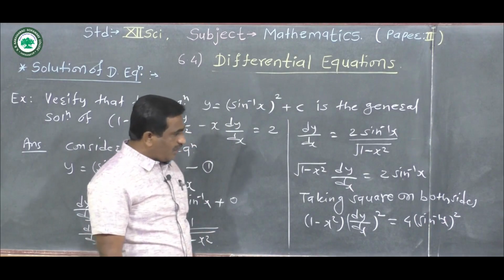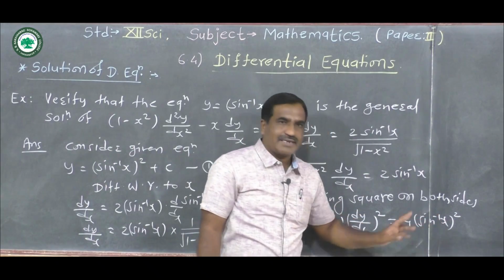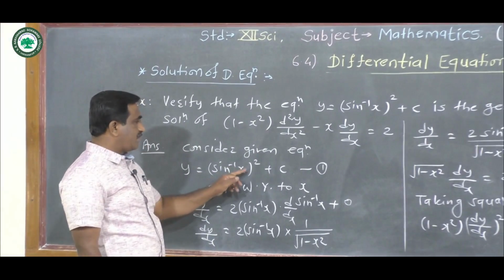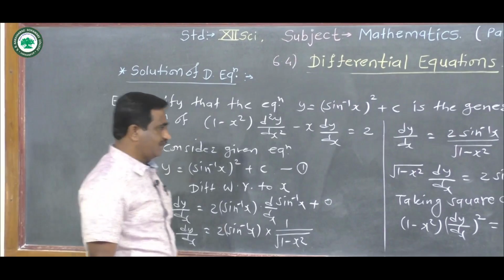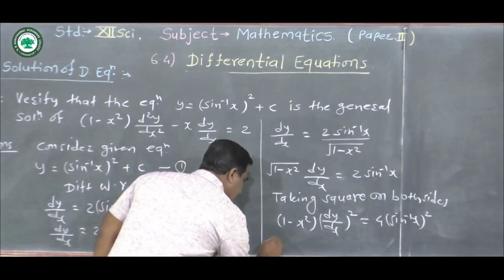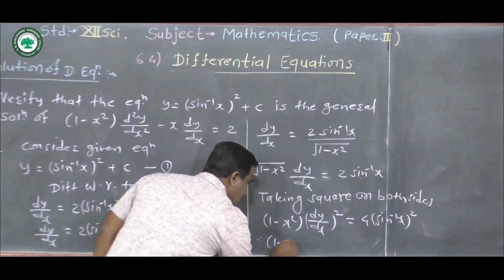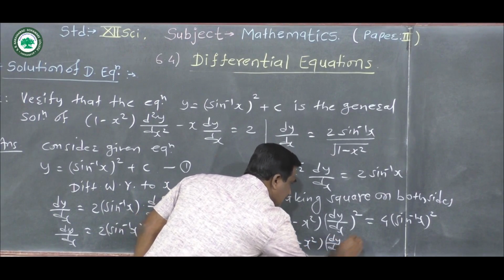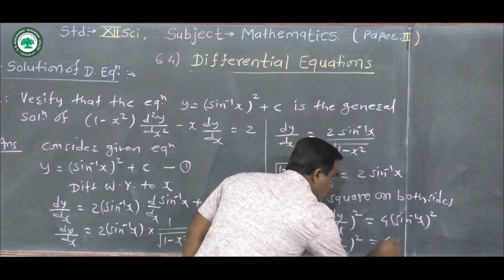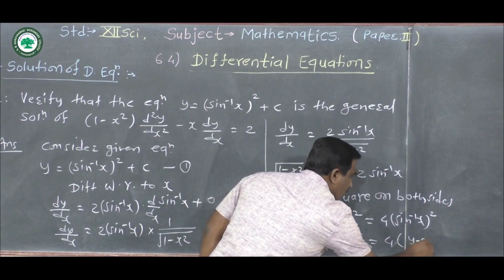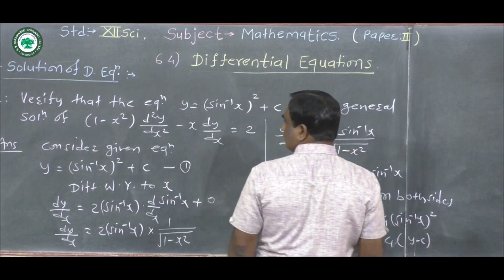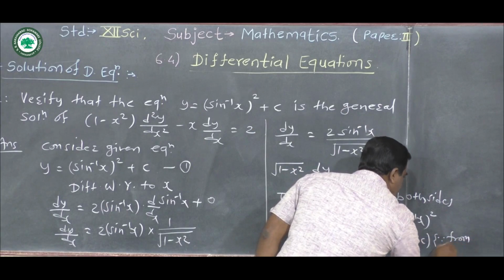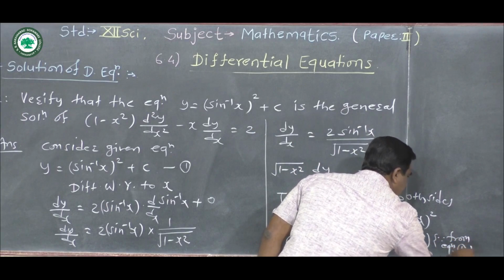Okay, now here we can put the value of sin inverse x bracket square from equation first. Value of sin inverse x bracket square equal to y minus c. Okay, therefore 1 minus x square into dy by dx bracket square is equal to 4 into in bracket y minus c, from equation 1.